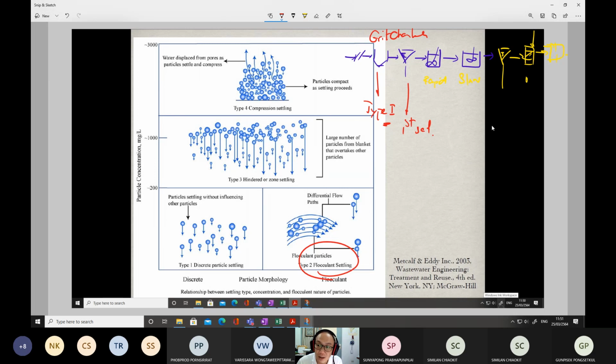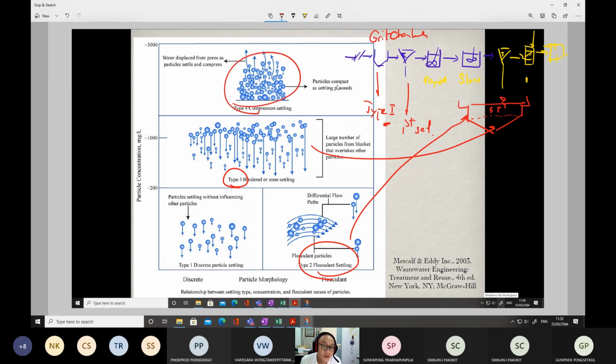Type 2 will basically occur in the settling zones in the sedimentation tanks. And type 3 is hindered zone settling. This will occur at the bottom of the sedimentation tank.